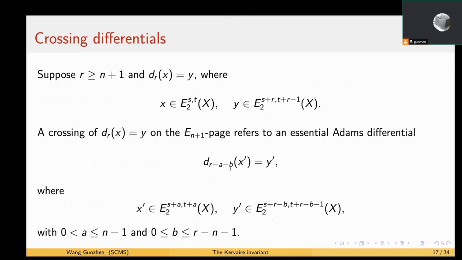from x prime to y prime, where x prime lies in E_2^{s+a,t+a}, and y prime lies in E_2^{s+r-b,t+r-b-1}, such that a lies between 0 and n minus 1, and b lies between 0 and r minus n minus 1.